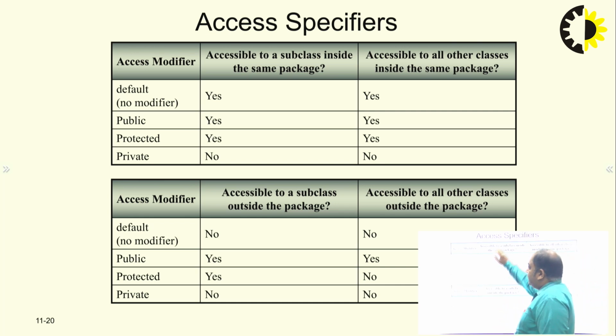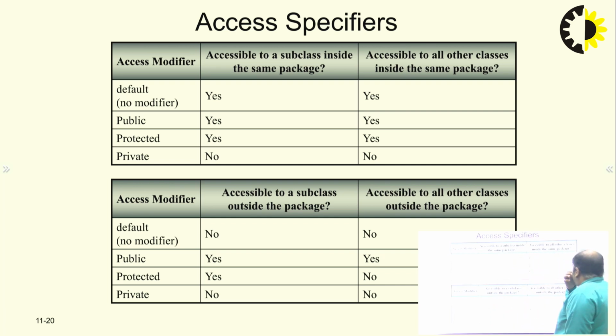So there are four types of access modifiers: default, public, protected and private. Default, public and protected can be accessed by other classes inside the same package, but private is not accessible to other classes inside the same package.